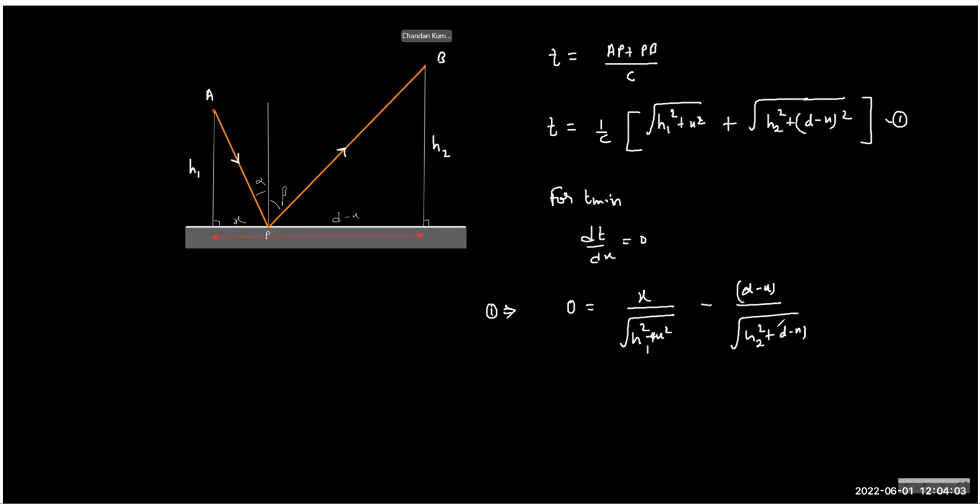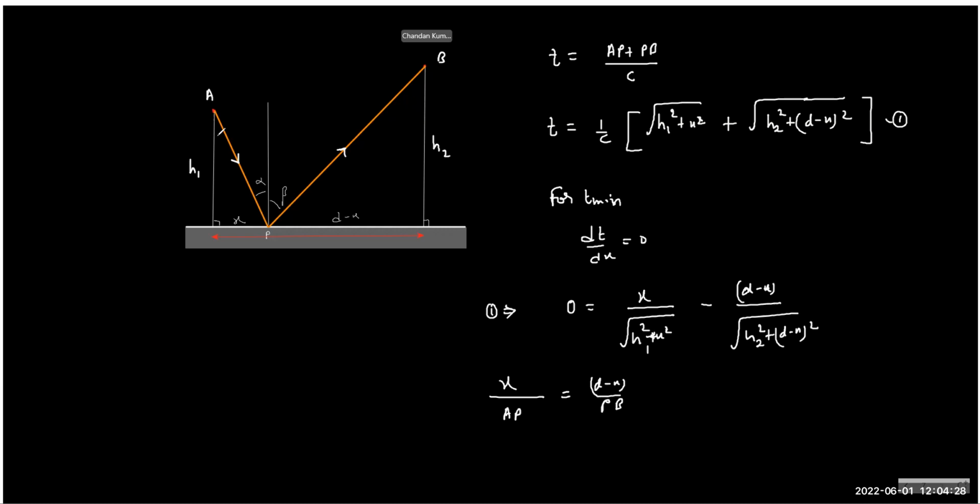I have taken the chain rule and differentiated, and I have cancelled the 2, and minus will come. So if you equate to 0, you can see clearly that x upon the hypotenuse, so I can add like this, x upon AP equals d minus x upon PB.